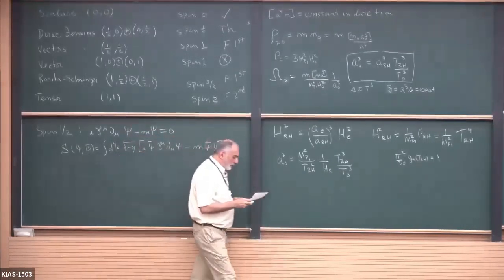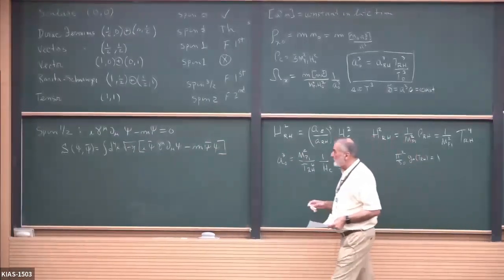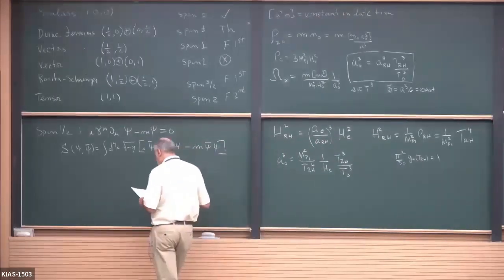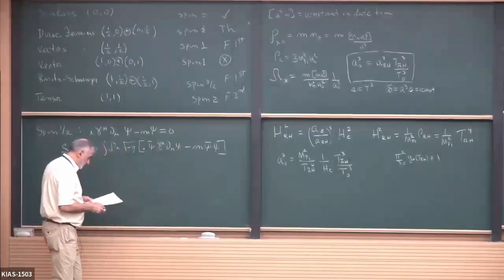And gamma mu, of course, are the gamma matrices. And the difference from scalars is that the field will anti-commute rather than commute.